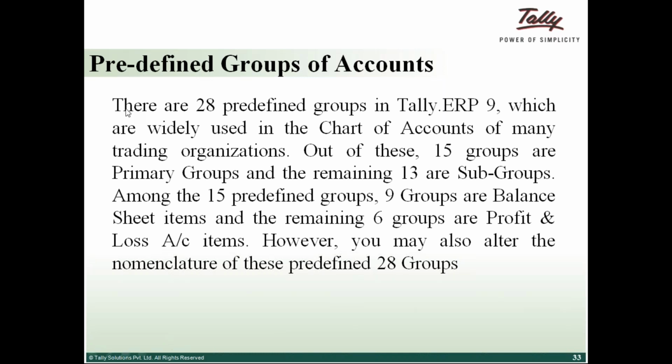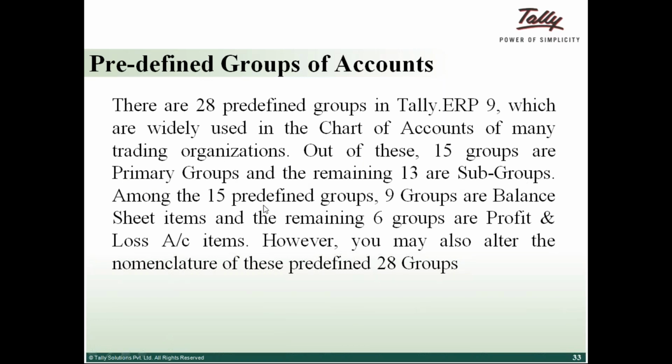See this one, there are 28 predefined groups in Tally ERP 9, which are widely used in the chart of accounts for many trading organizations. Out of these, 15 groups are primary groups and the remaining 13 groups are subgroups.